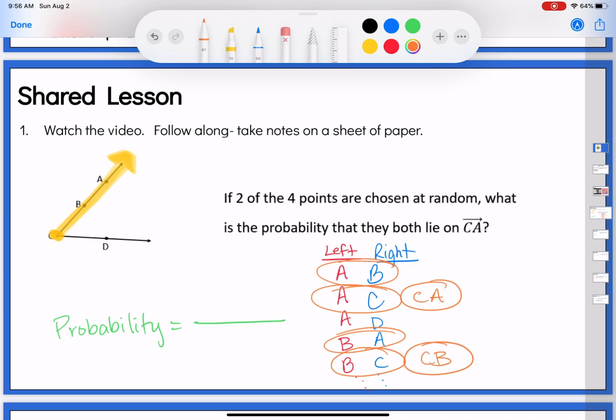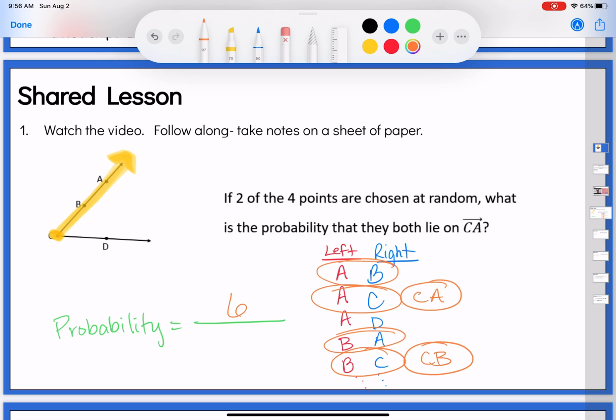I could have, let's see, so I have AB, AC, BC, CB, and CA. 1, 2, 3, 4, 5, 6. I believe that might be it. Okay. So then I have 6 good options.